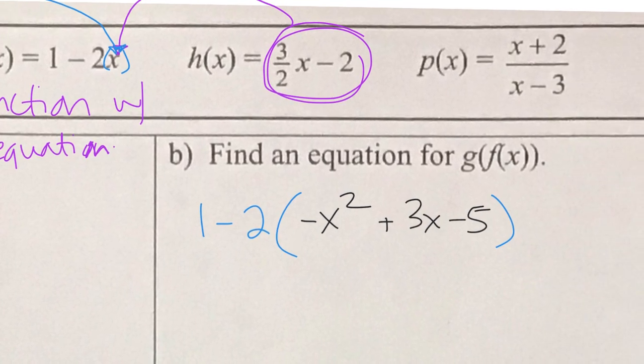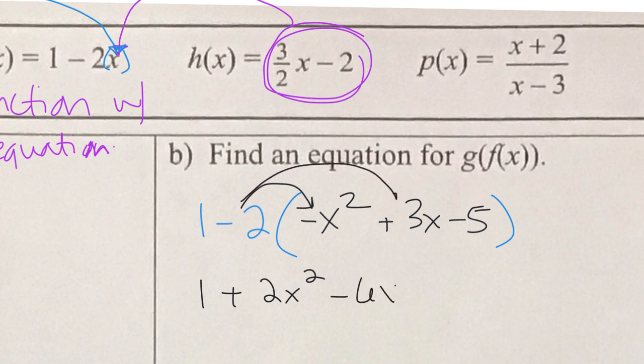So we're doing composition of functions. We are composing functions. We are taking one equation and we're putting that whole thing into a second equation and simplifying as much as we can. So negative 2 times negative x squared is a plus 2x squared. Negative 2 times 3x is minus 6x, and negative 2 times minus 5 is plus 10.